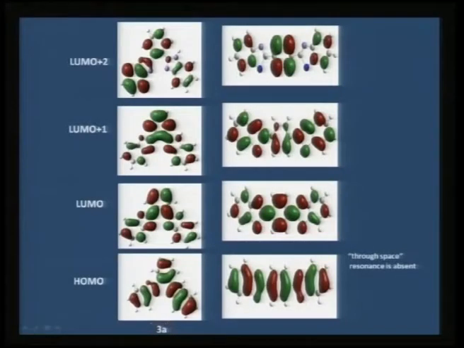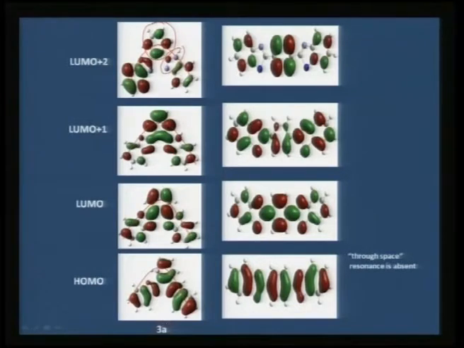Now, if you take 3A compound, as I told you, 3A compound is not having thiazole rings. In one case it is actually imidazole, and in one case it is actually thiazole ring. If you have such a combination, you would see that there is through bond resonance here and also here, but this resonance is localized and it is not spread throughout the ring.